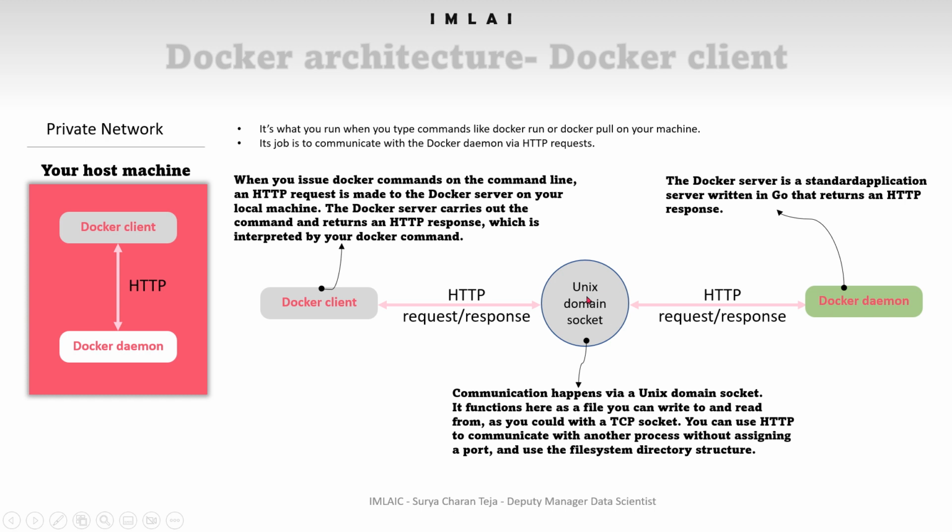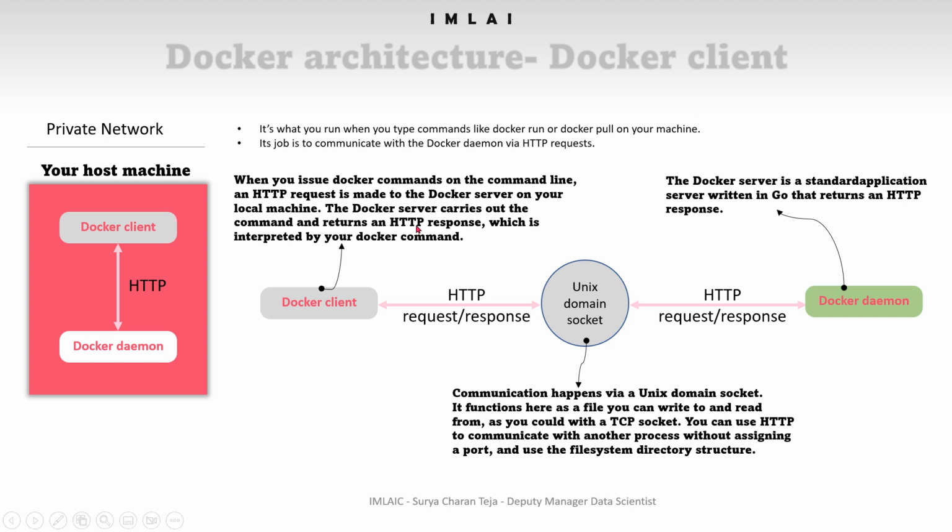It functions here as a file, as a GNU utility. You can write to and read from it as you could with a TCP socket. You can use HTTP to communicate with another process without assigning a port, and use the file system directory structure. That's the power of it.